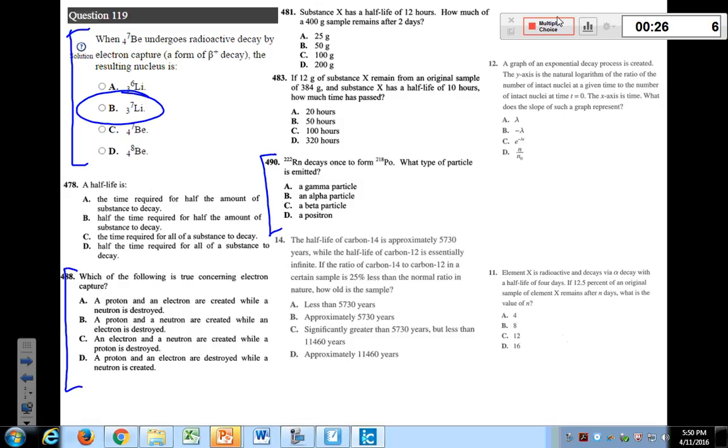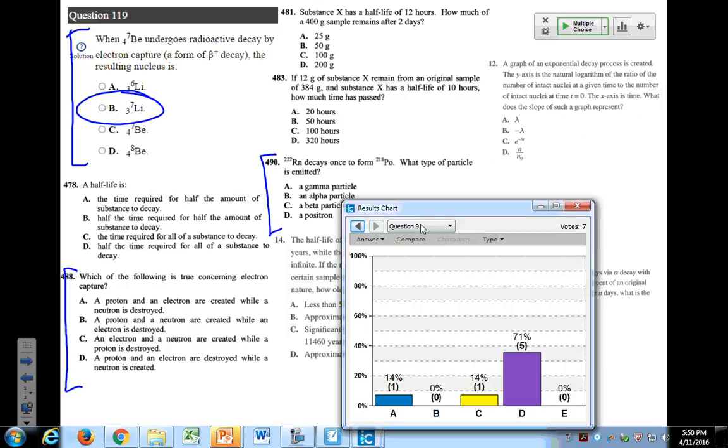I'll stop at, say, 32. That's right, D is right.